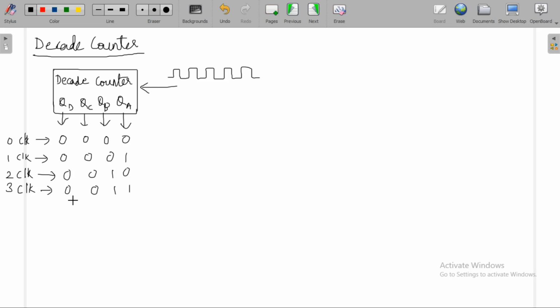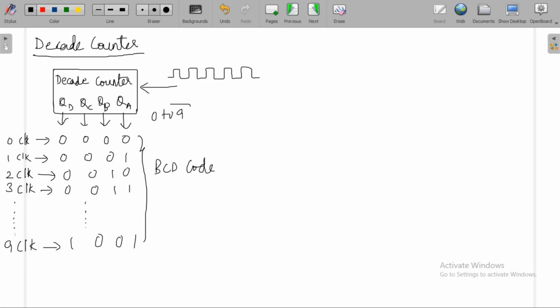The BCD code will be 0011. Likewise, if it is counting 9 pulses, 1001. Okay, this is BCD code. It counts from 0 to 9.